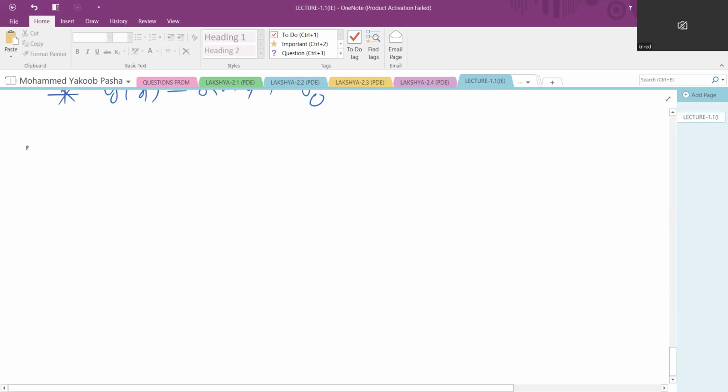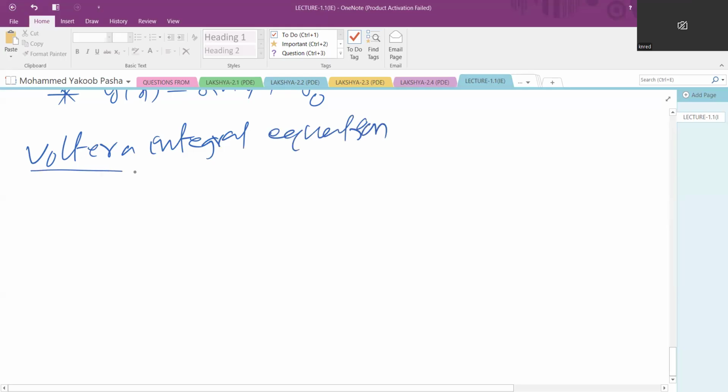Now, another one is the Volterra integral equation. When both the limits are constant, that is called Fredholm.